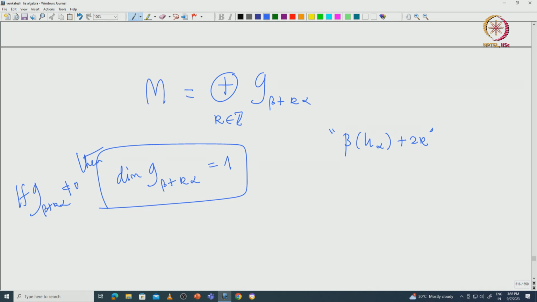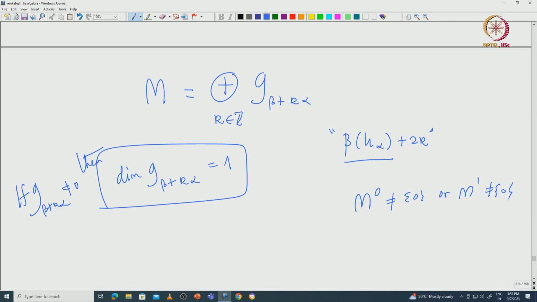So, if beta of H alpha is even, then all the eigenvalues that survive here must be even. Again, if beta of H alpha is odd, then whatever eigenvalues survive are all odd. So, since these eigenvalues are all the same parity, that says that either M0 will be non-zero or M1 will be non-zero.